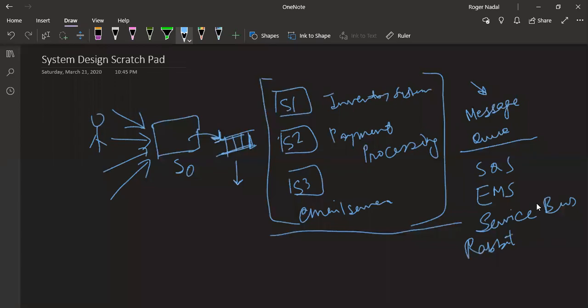Somebody said Kafka. I won't consider Kafka as a queue. I will consider it more as streaming. It's as good as a queue, but it's actually a message broker which can be used for streaming.